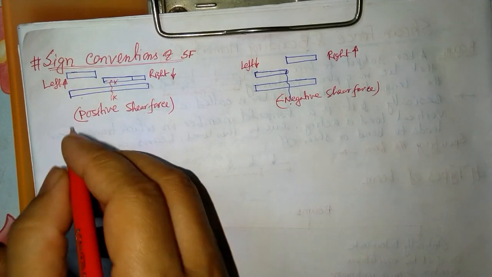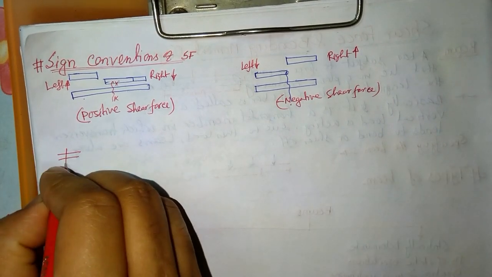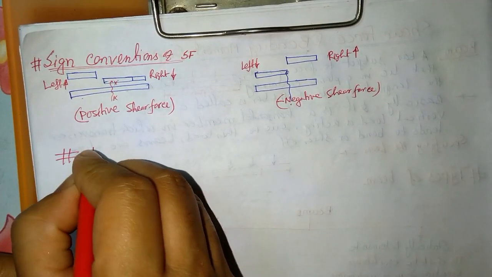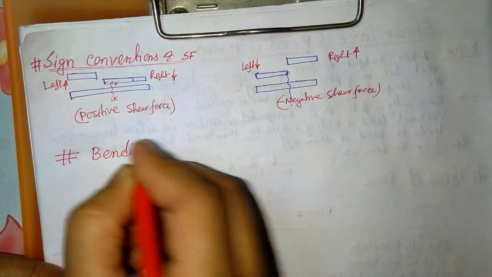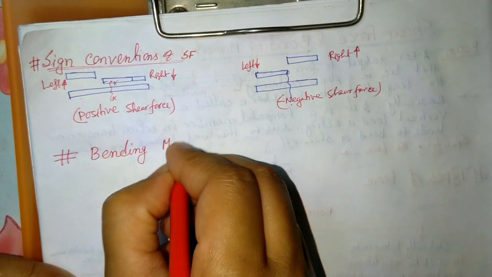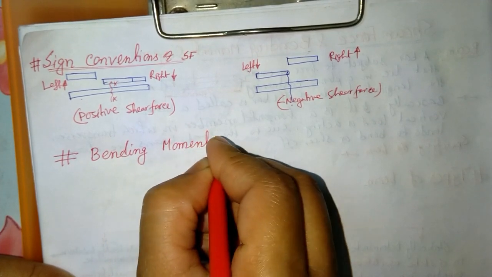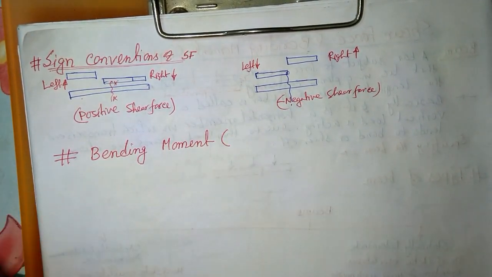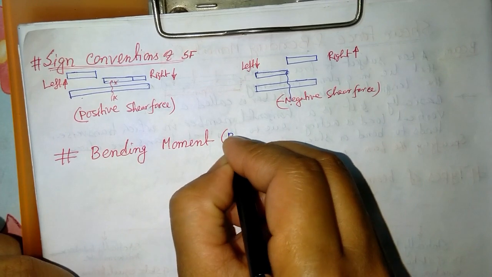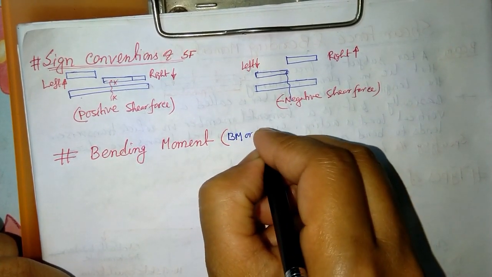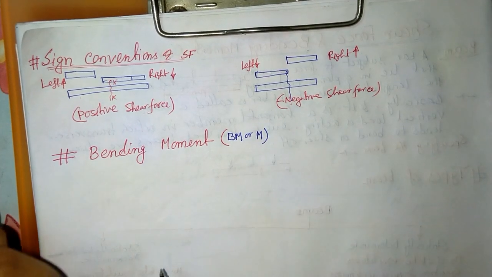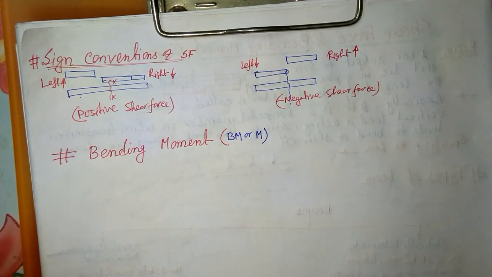Next we will learn about bending moment. The next topic we are going to know is our bending moment, which we define by BM or M. So how can I define bending moment?